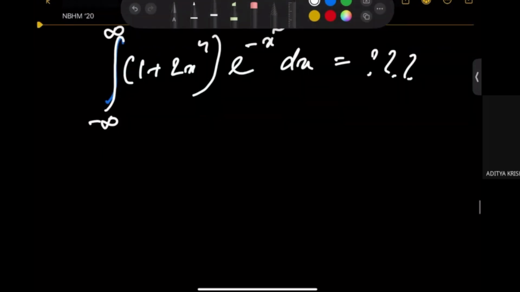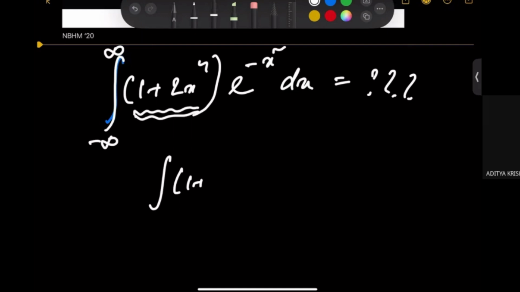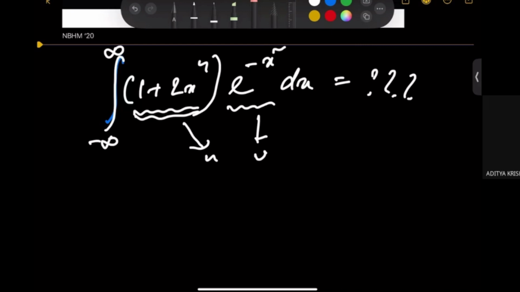You mean something like finding the integral of this separately and this one separately? Yes. So I think you would mean integration by parts, like you consider this to be u and this to be v, something like that? Yeah. Can we try like this?